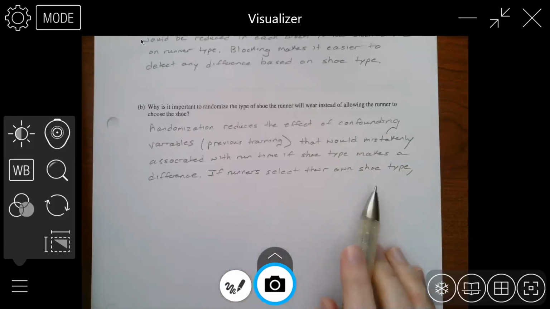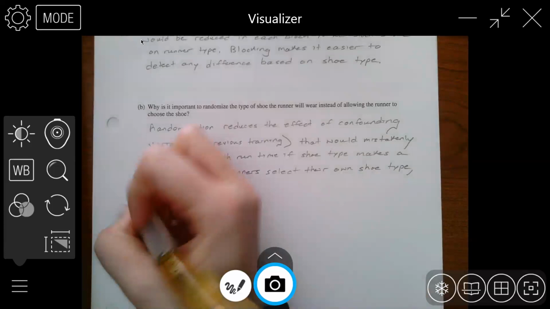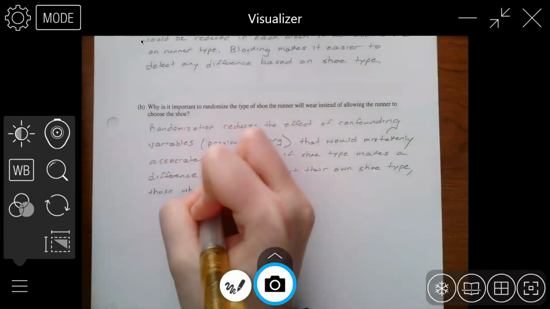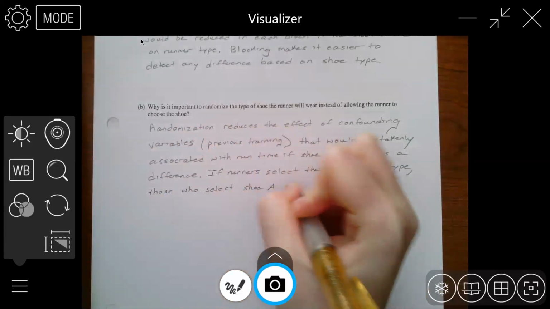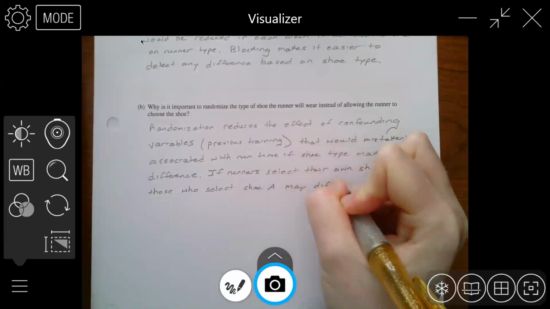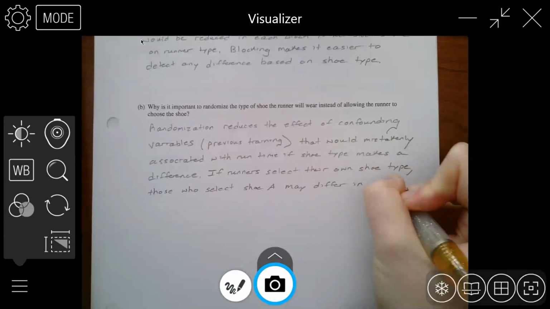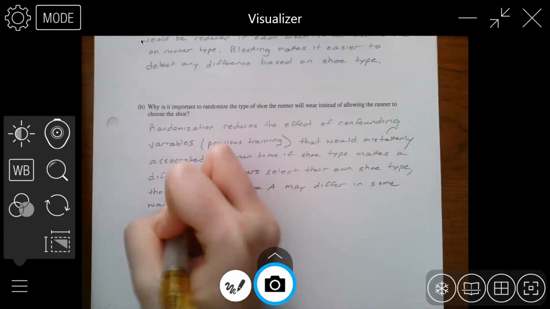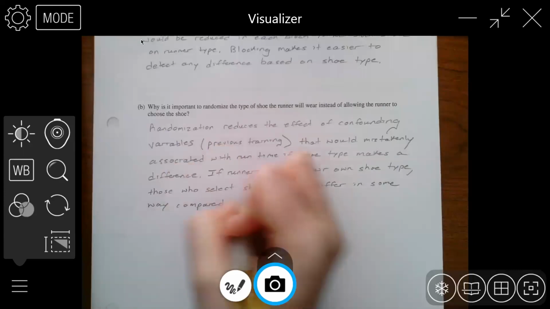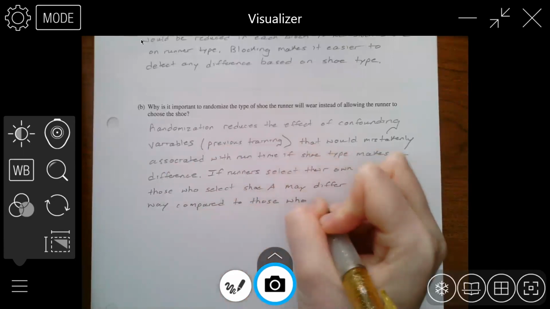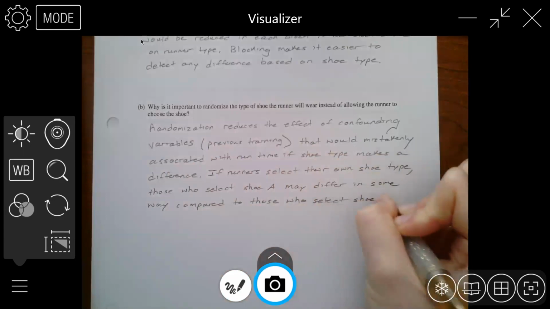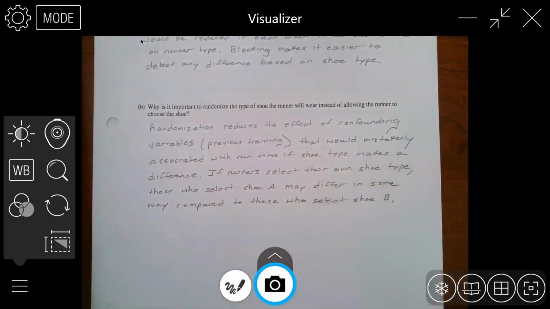So if runners select their own shoe type, we could just say those who select shoe A may differ in some way compared to those who select shoe B. And of course, that difference is going to make it difficult for the researchers to determine what the effect is.